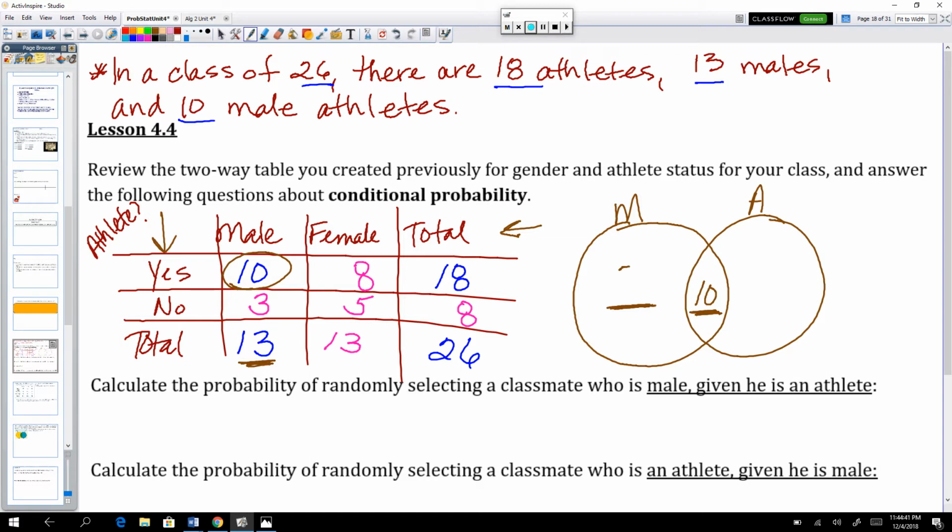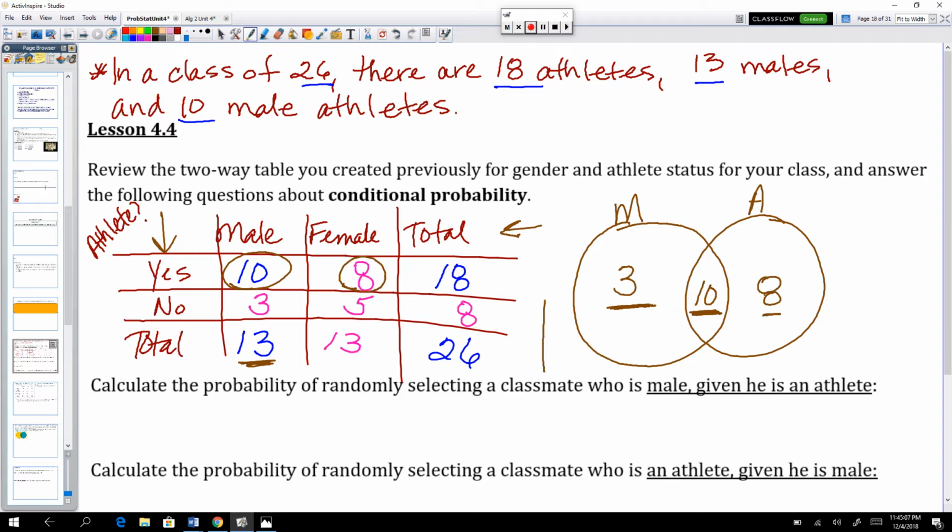So the 3 that go here are the males that, yes, they're male, but they are not athletes. Then for the athlete circle, if you are an athlete and a male, you've already been accounted for in the middle. So now we need to account for the remaining athletes that are not male, or the athletes that are female. That's what goes in the athlete circle.